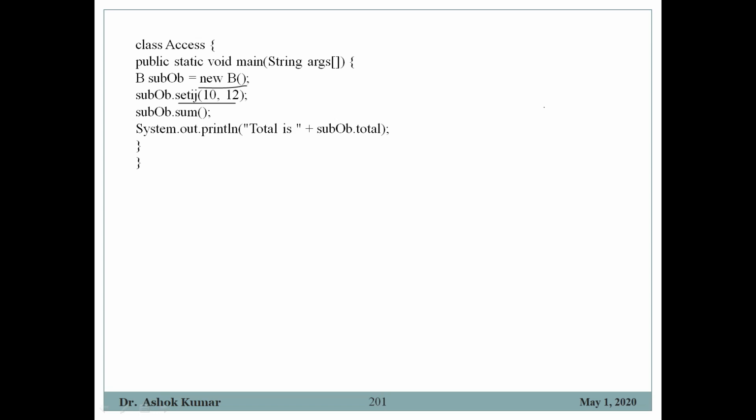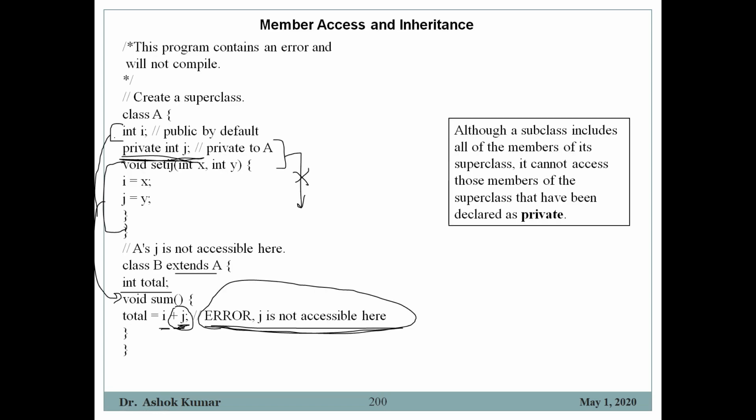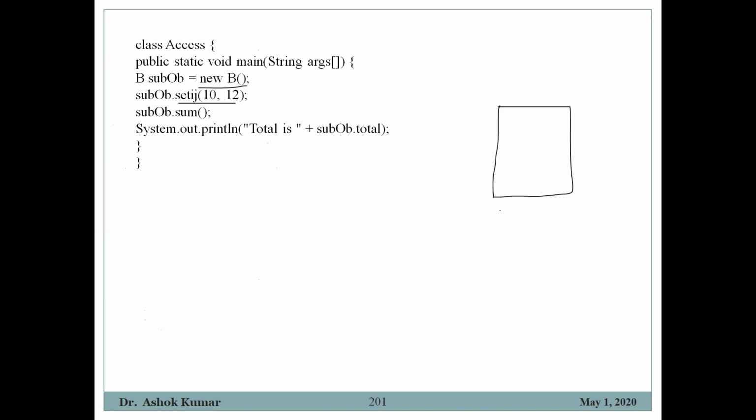Let me show it diagrammatically over here. This is your object, right? And this object will have the members of the superclass, i and j, and a member of its own, that is total.